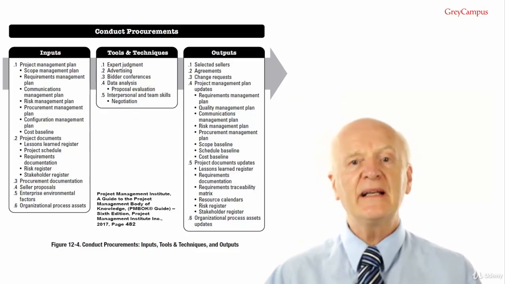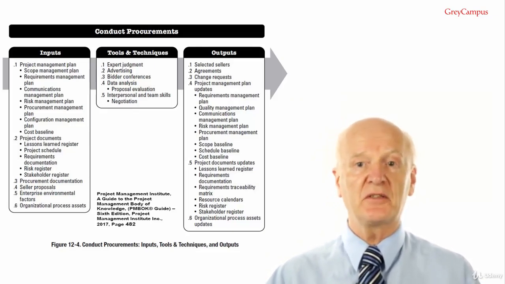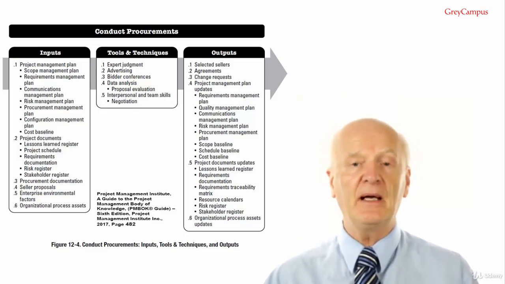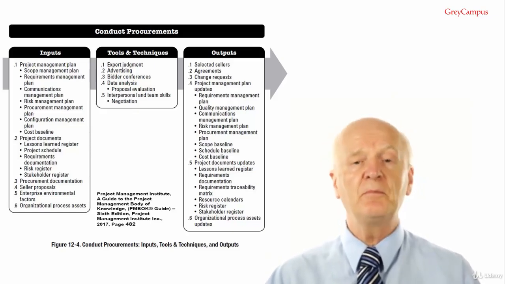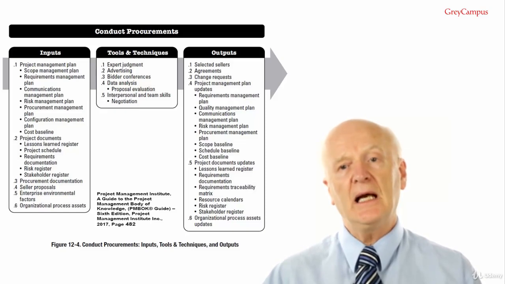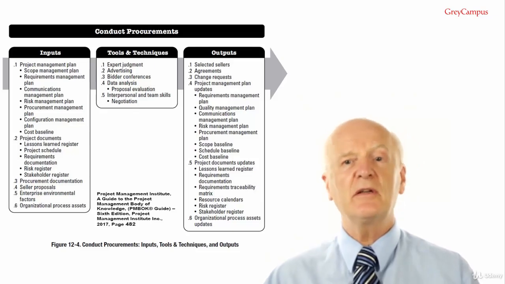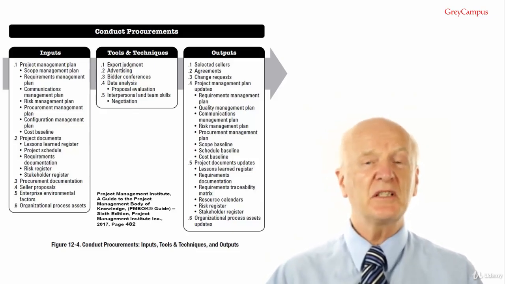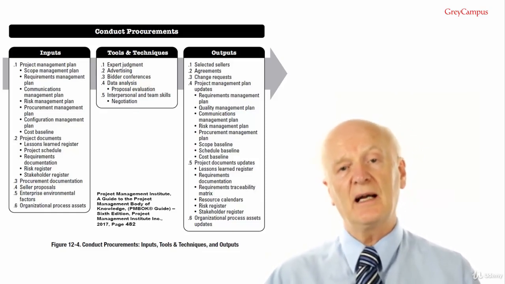On one point, I said the information on relevant past experience of sellers, both good and bad. Now, this was something that I learned very many years ago because I fell foul of it. I was working on a government procurement, and so we had a shortlist, I think, of 4 possible sellers, and one of them was rated highly.